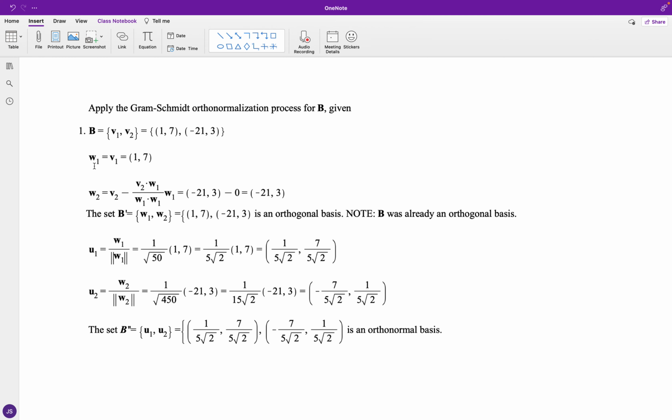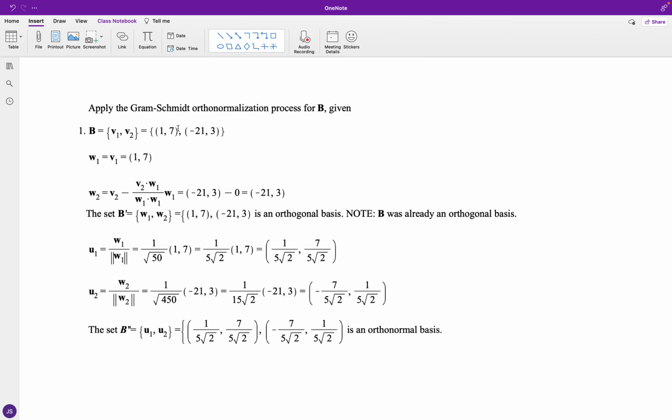For W sub 1, that's equal to V sub 1, which is (1, 7). And W sub 2 is V sub 2 minus the dot product of V sub 2 and W sub 1 all over the dot product between W sub 1 and itself, multiplied by W sub 1. Again, the dot product is between V sub 2, which is (-21, 3), and W sub 1, which was V sub 1 at (1, 7).